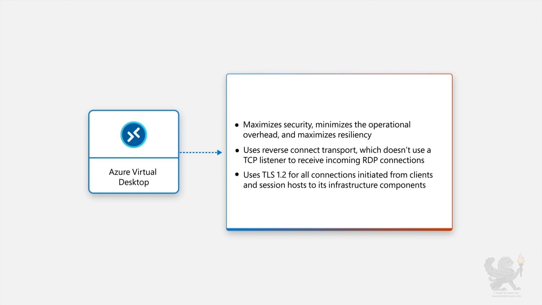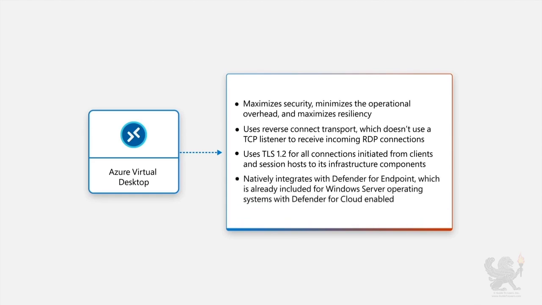TLS 1.2 is used for all connections initiated from the clients and session hosts to the Azure Virtual Desktop infrastructure components. In addition, Azure Virtual Desktop natively integrates with Defender for Endpoint. For Windows Server operating systems with Microsoft Defender for Cloud enabled, Microsoft Defender for Endpoint is already included.